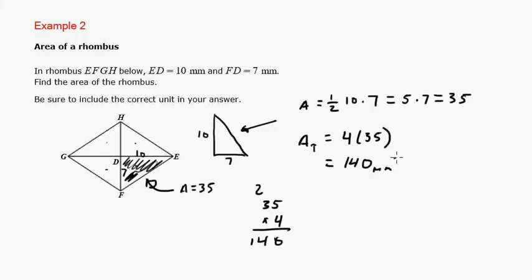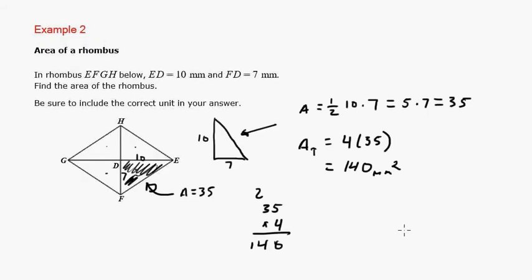In this case, you could use the formula A equals 1/2 the diagonal 1 times diagonal 2, but you would have to say, they gave me 10, so the diagonal all the way across would be 20.